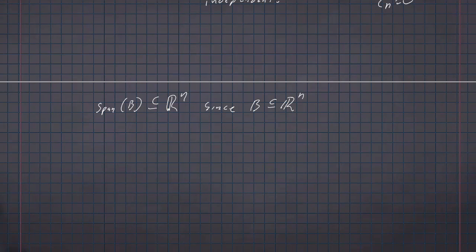Since B is a subset of Rn, any linear combination of elements of Rn is also in Rn, so the span of B must be in Rn. So what we need to show is that Rn is a subset of the span of B.